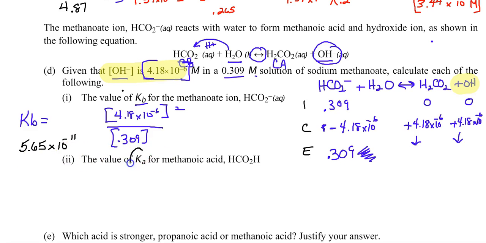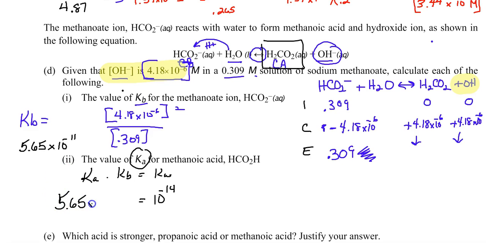Now, but they want the Ka for the conjugate acid. But what do we know? Ka times Kb equals Kw. So we have the Kw, which is 10 to the negative 14. It's a constant. Temperature is not changing. We have the Kb. We just calculated 5.65 times 10 to the negative 11. And then we're going to find the Ka.